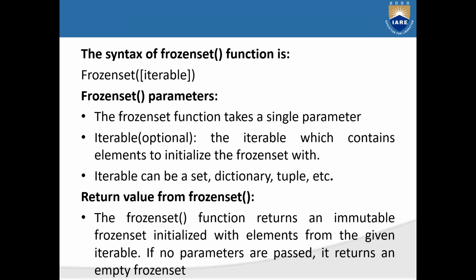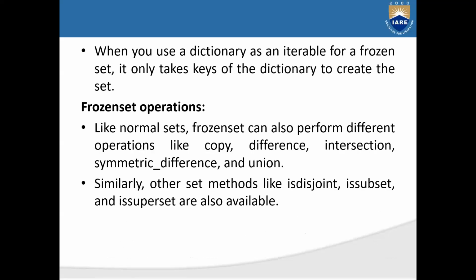It may be a set, a dictionary, or a tuple. Then what is the return value? The frozenset function returns an immutable frozen set initialized with the elements from the given iterable. If we don't pass any parameters, it will simply return an empty frozen set.